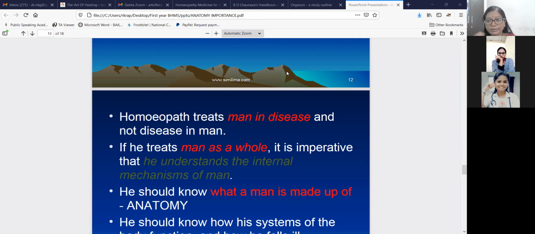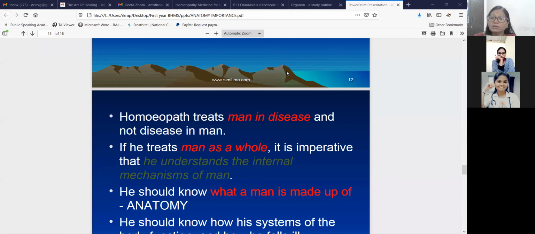Along with that, he may have some mental symptoms also. His headache may be aggravated because of tension, or because of some kinds of sounds and noise.